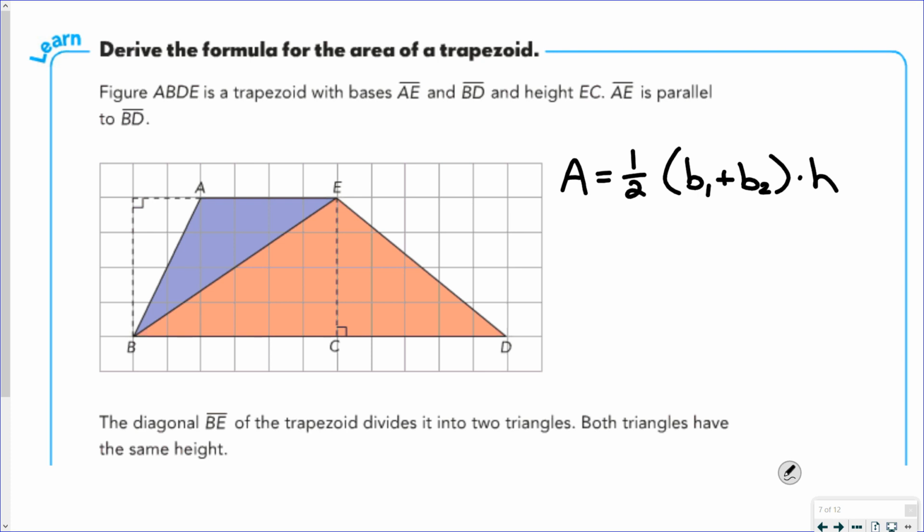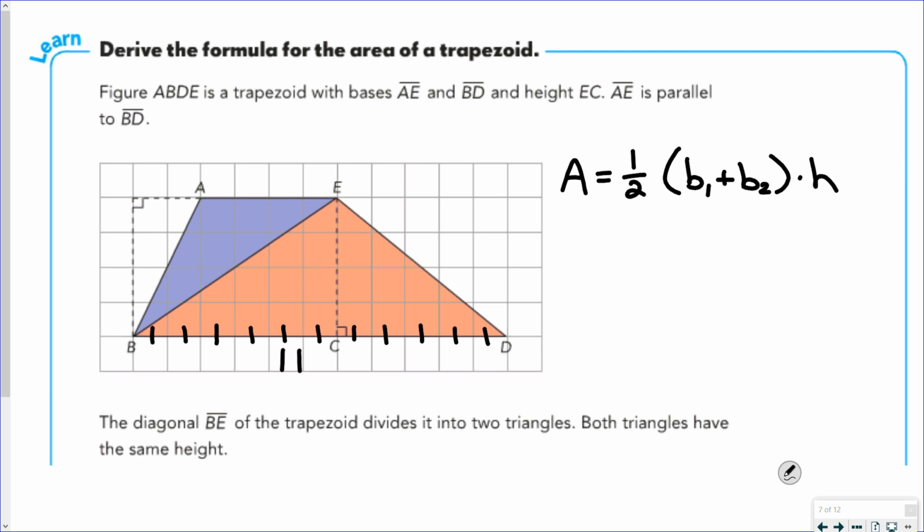Okay. So in this particular case, your bases need to be opposite of each other. Okay, they have to be parallel. Okay, so one base would be down here, and this base would be 1, 2, 3, 4, 5, 6, 7, 8, 9, 10, 11.